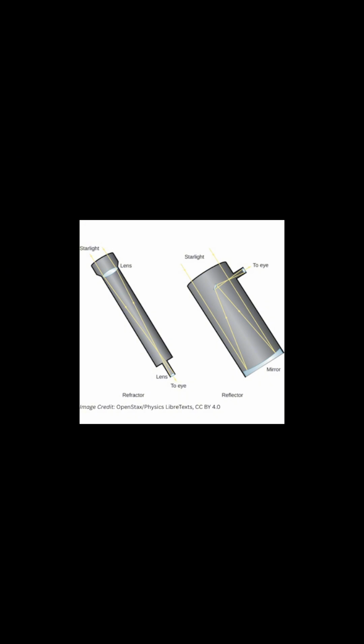So basically, those two types of telescopes use a different element to gather the light and then focus that gathered light into a point. Now, why do we use one over the other? Well, lenses are a bit expensive to make, and you can only make them so big before they actually sag under their own weight.